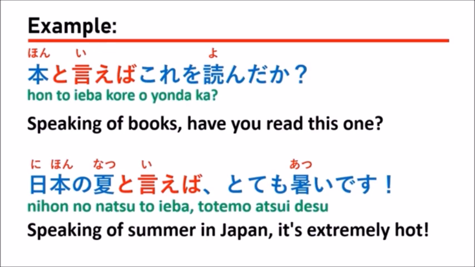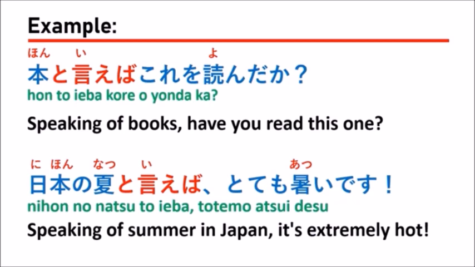日本の夏といえばとても暑いです。Something like this. So I hope you understand how to use the grammar of といえば. といえば means we talk about something, some story, and you take one thing from that story to talk about.